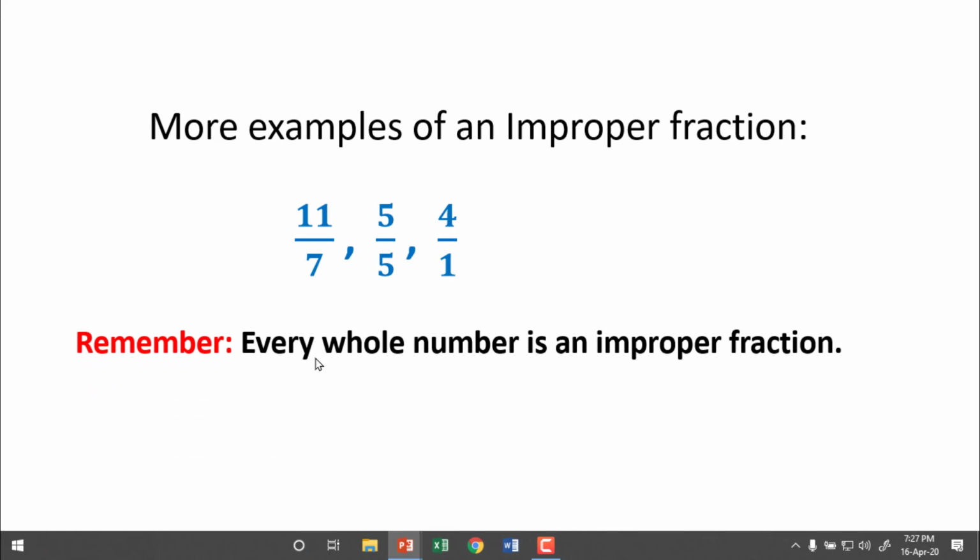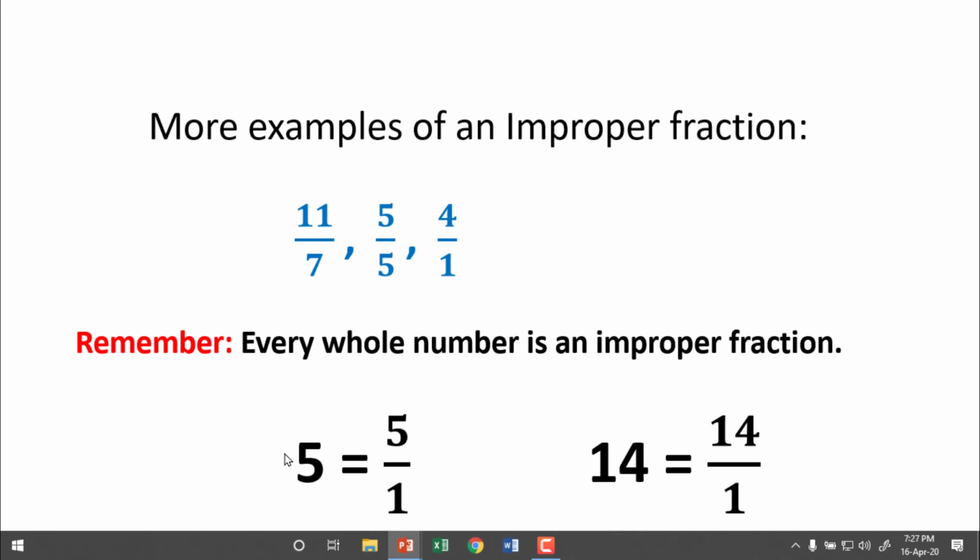Remember that every whole number is an improper fraction. We know that 1, 2, 3, 4, 5 are examples of whole numbers. So all the whole numbers are improper fractions. Let's see how. 5 is a whole number.